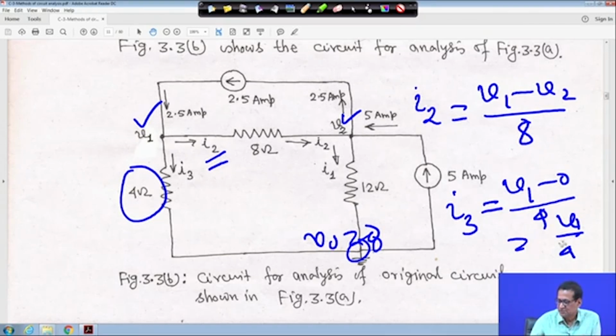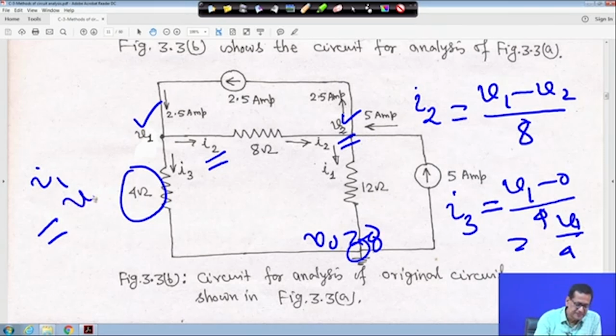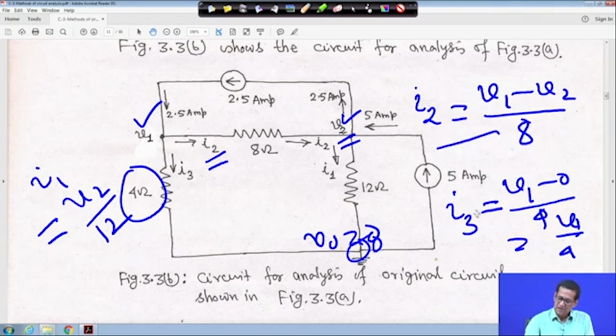And then I1 is equal to, with the voltage here V2 and the reference node 0, V2 minus 0 by 12, that means V2 by 12. This is your I1. So I2, I3 and I1 we have all got.